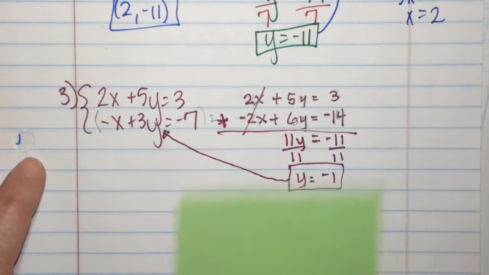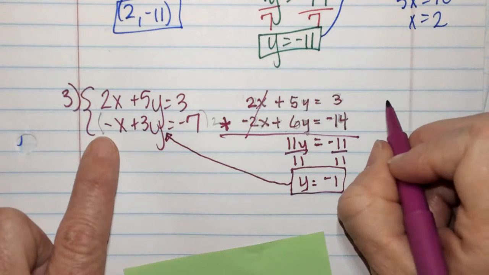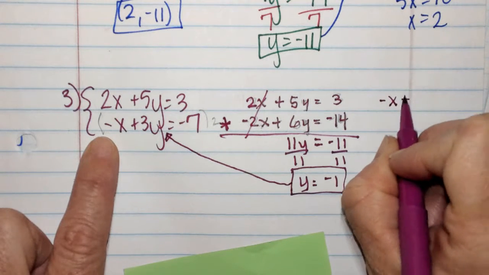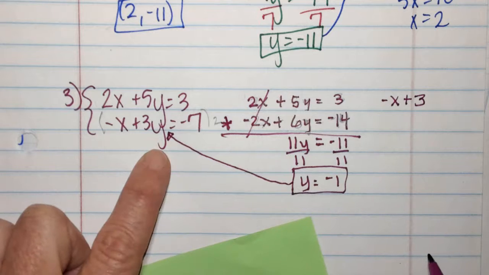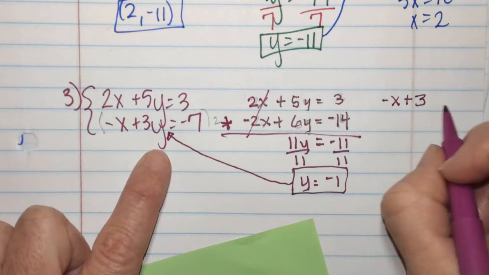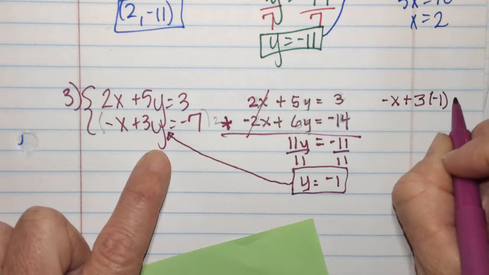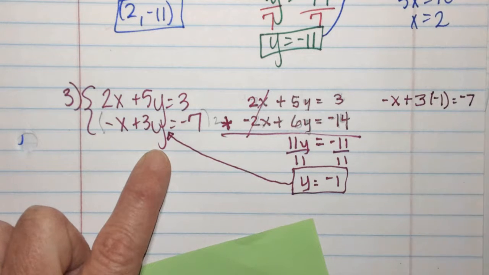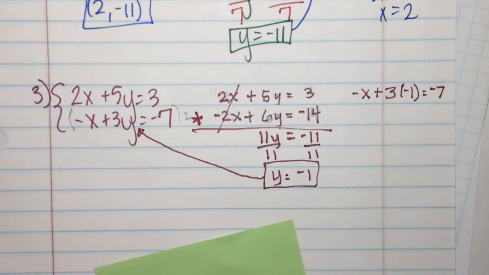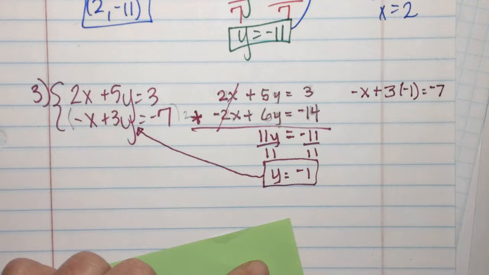And now we have negative x plus 3. Do we write the y or do we know what y is? Negative 1 times negative 1 equals negative 7. Now what?